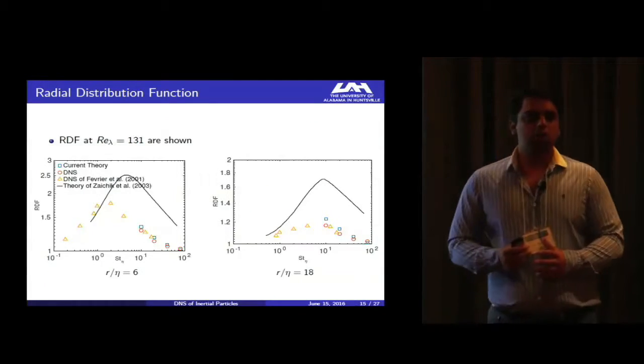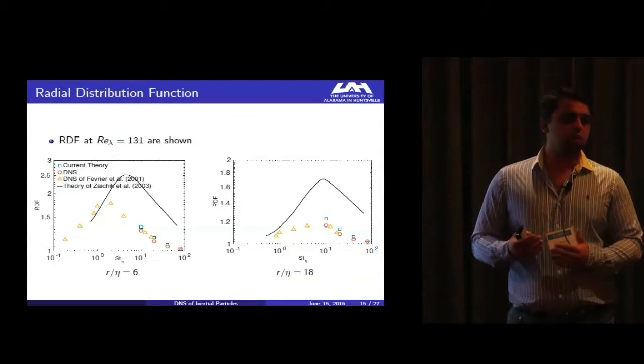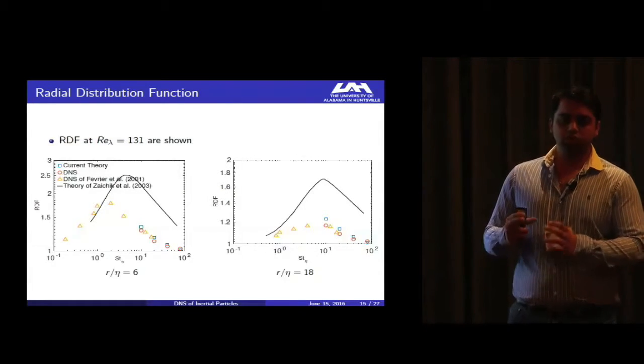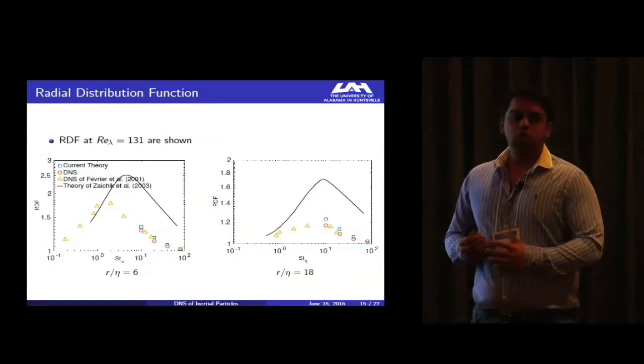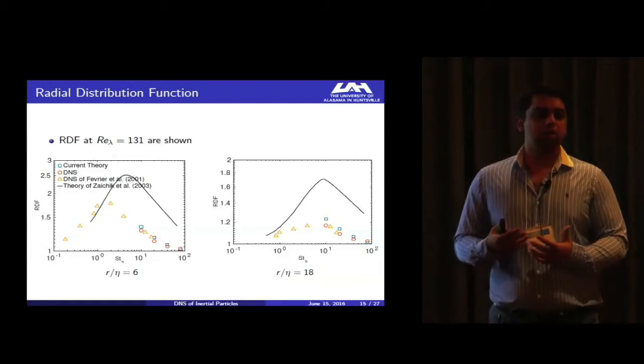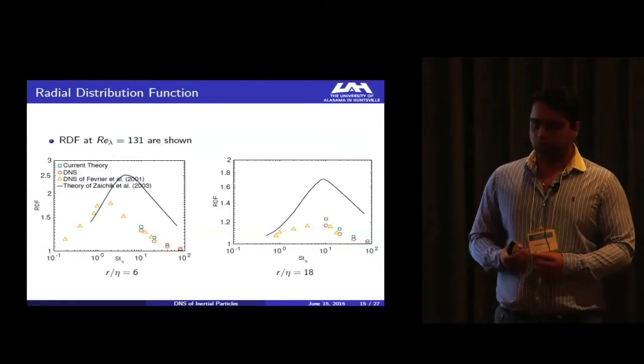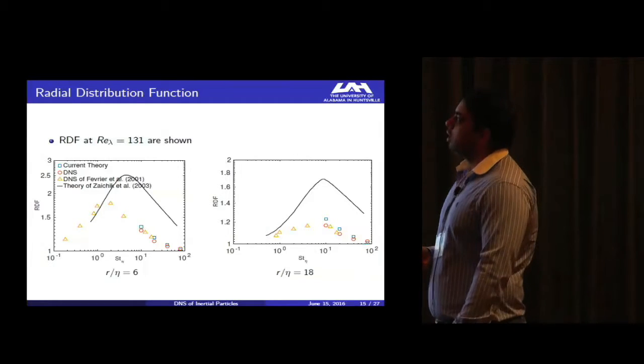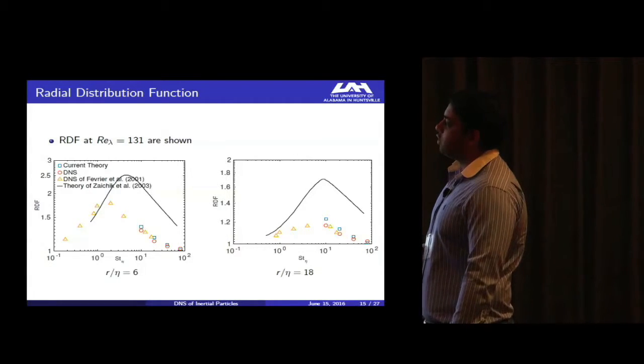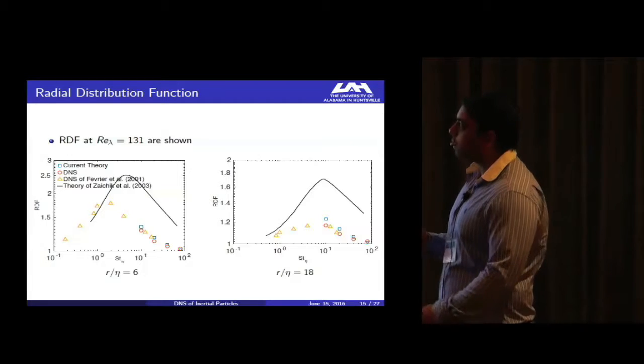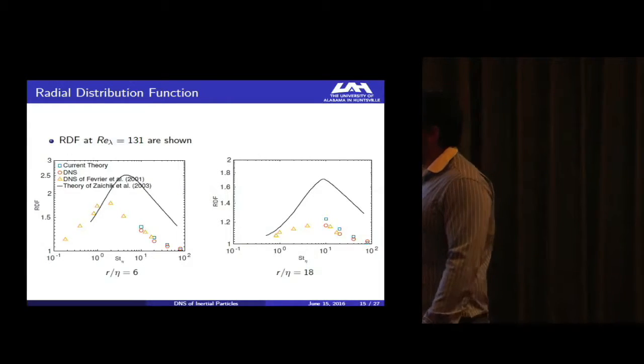So after computing the diffusivity tensor, we performed Langevin simulation using this diffusivity tensor to see how good our analytical closure is as compared to the DNS simulations. Here we are showing RDFs as a function of Stokes number at a Reynolds number of 131.